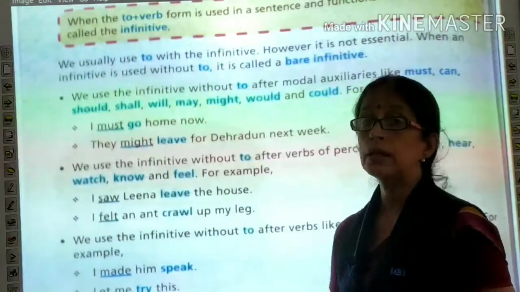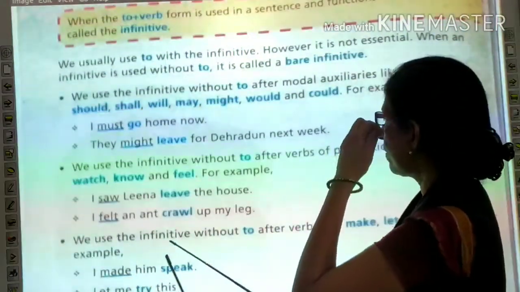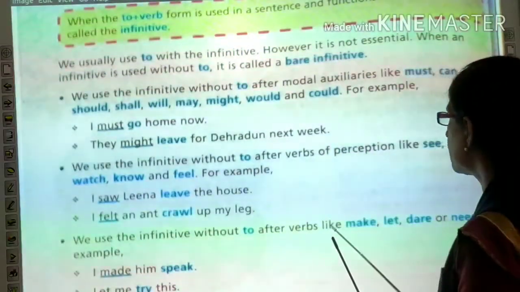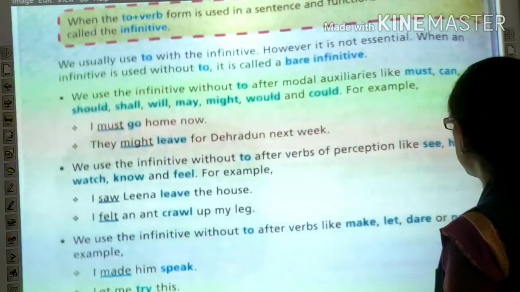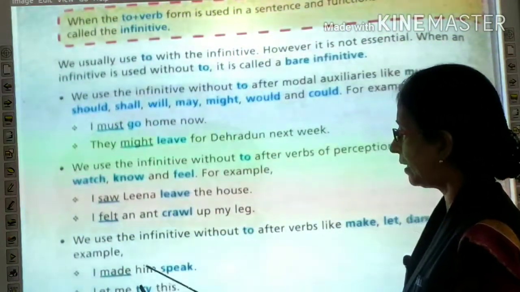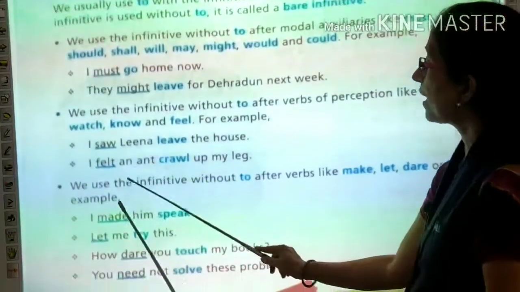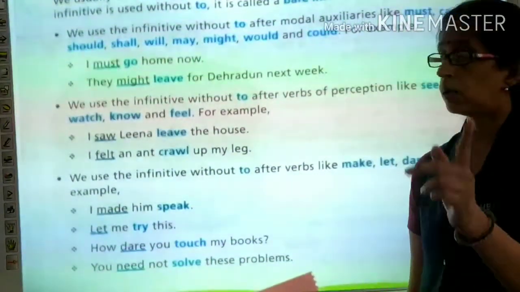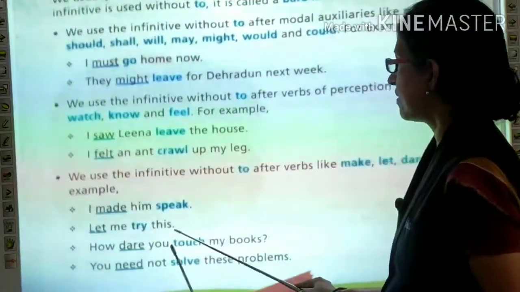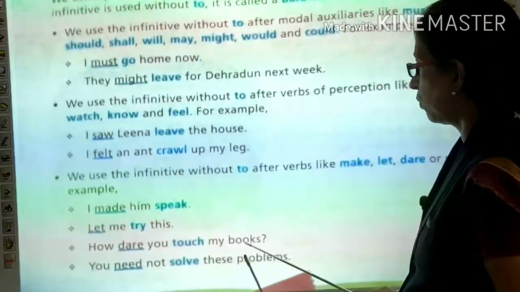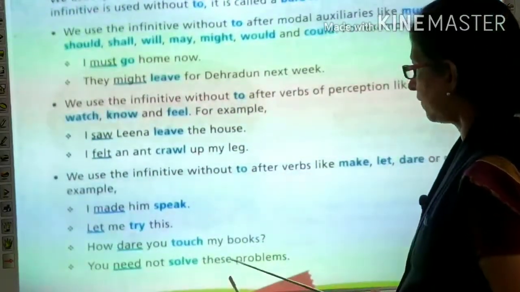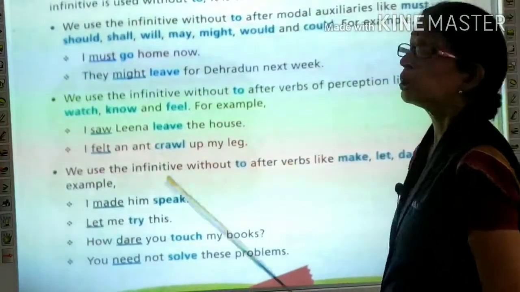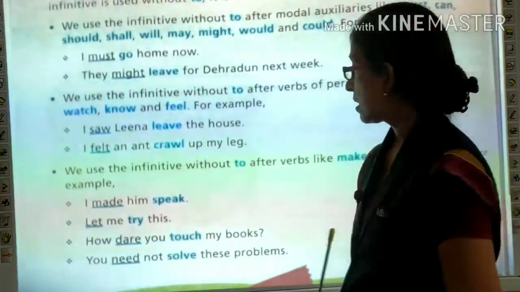Again we are not using to over here. We use the infinitive without to after verbs like make, let, dare or need. For example, I made him speak. See, here also the infinitive is used without to. Let me try this. How dare you touch my books? You need not solve these problems. We are not using to with the infinitive over here.